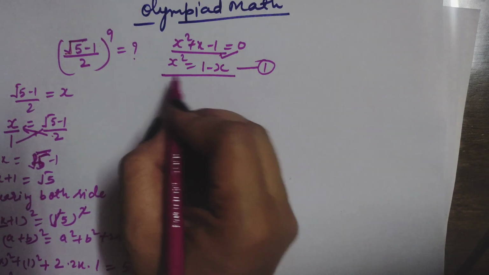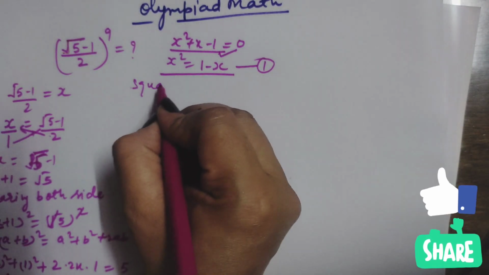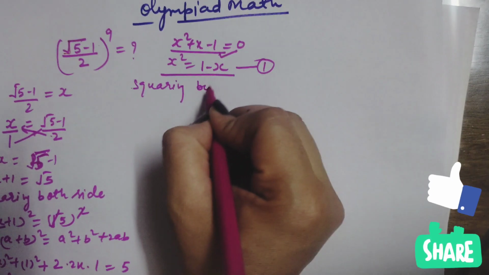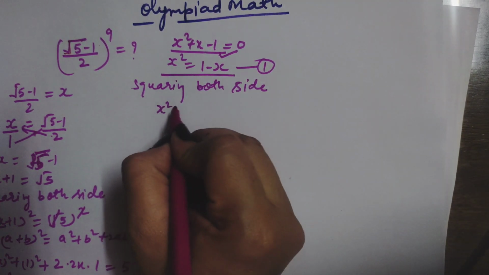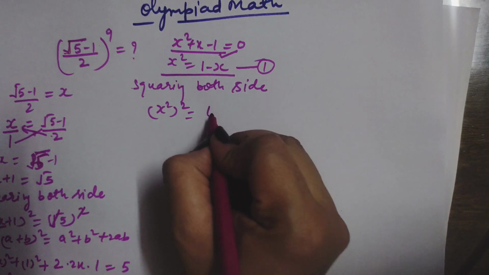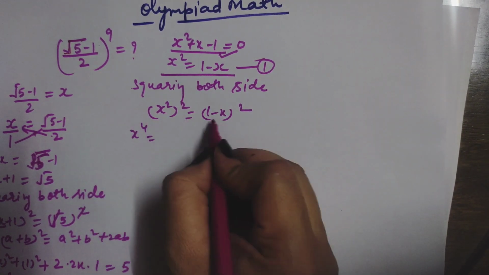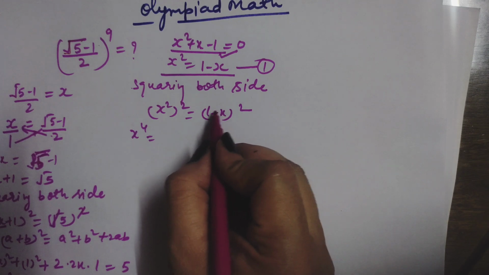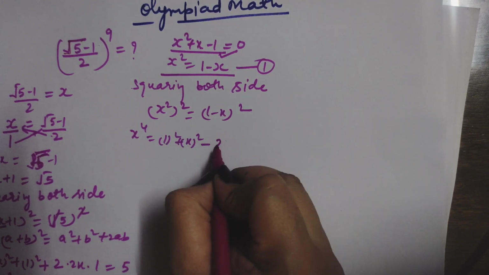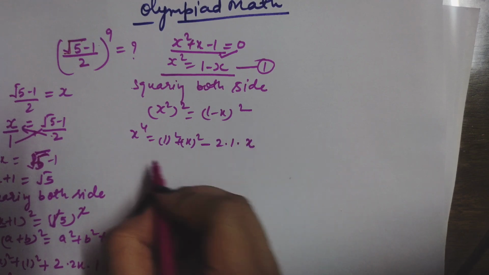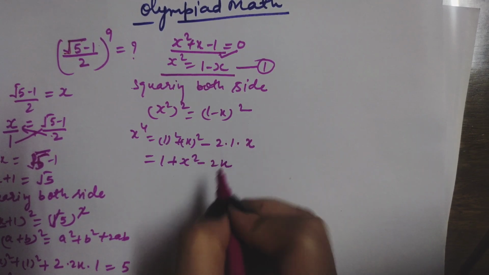Now we take squaring both sides again. So x power 4 equals 1 minus x whole square, which is a square plus b square minus 2 into 1 into x: 1 plus x square minus 2x.